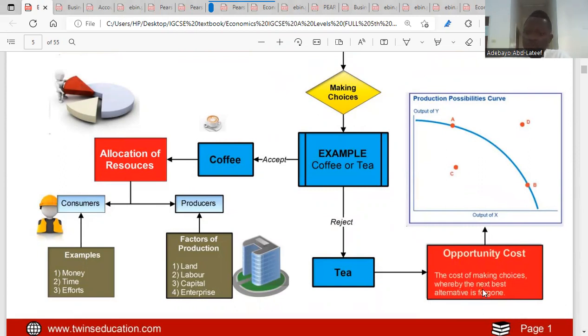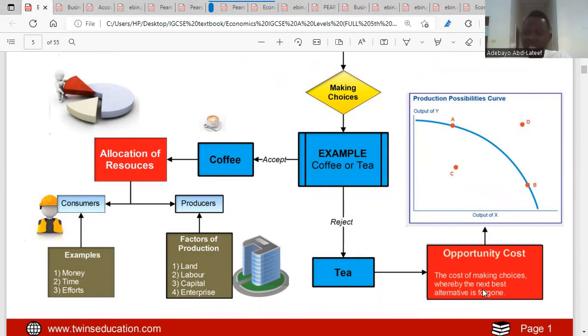Because we can't afford everything at any point in time, because there's scarcity of factors of production, it means we have to make a choice. And because of us making a choice, certain things will be let go. Making a choice means that you are making a decision about your priorities, which means that some things will be let go.